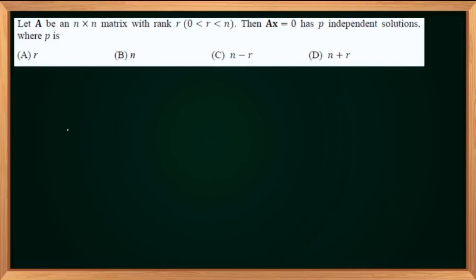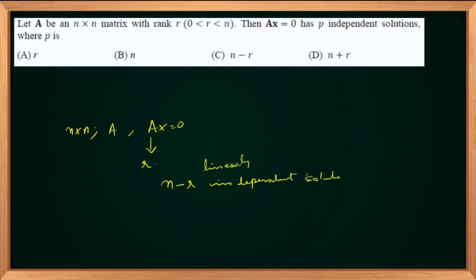When you have an n by n matrix A with Ax equal to 0, and if the rank of A is r, there will be n minus r linearly independent solutions.